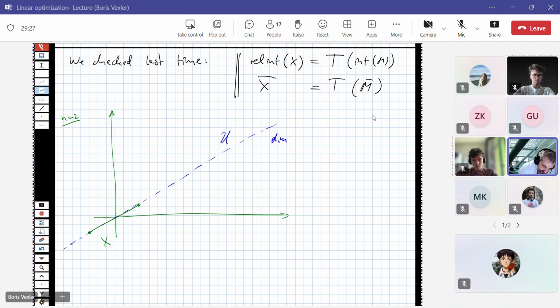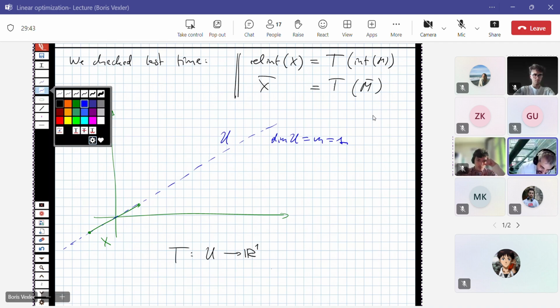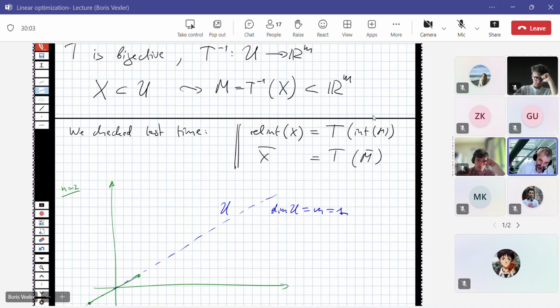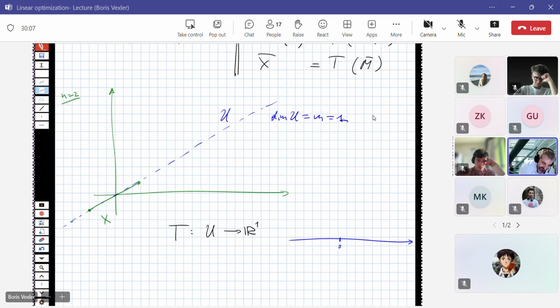The dimension of U is m equal to 1, and T maps R^1 to U. It means you have here a line, and 0 here, and then in R^1 you will have T^-1 of X, and this will be the set M.